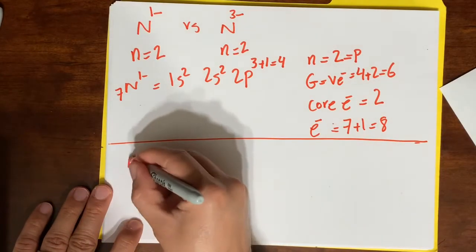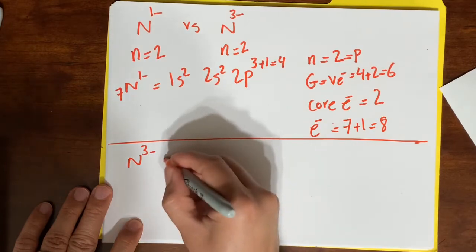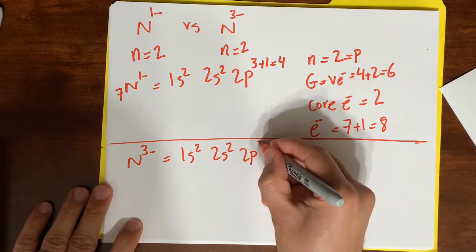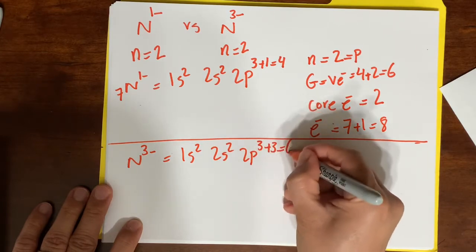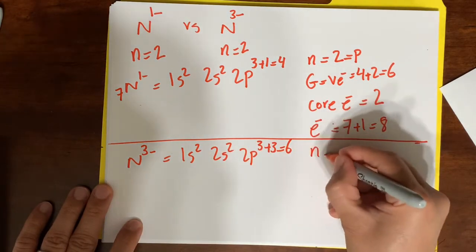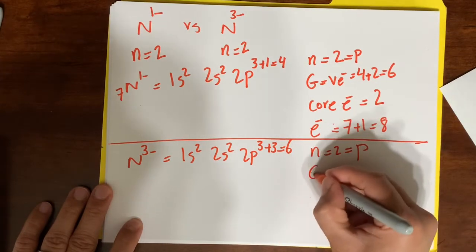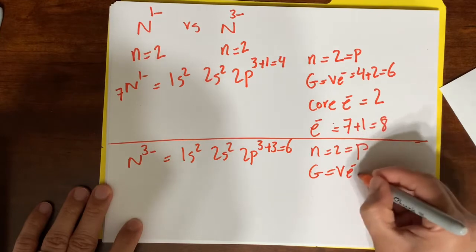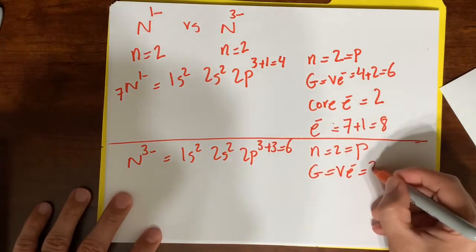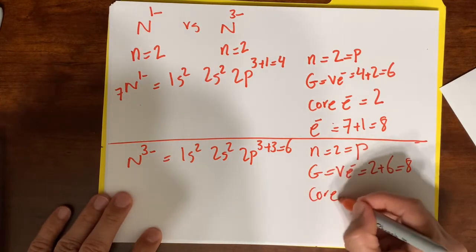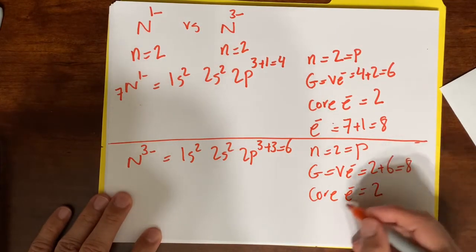Compare it with N3 minus. It will be 1s2, 2s2, 2p 3 plus 3, 6. N equal 2, valence electrons 2 plus 6, 8. Core electrons equals 2.